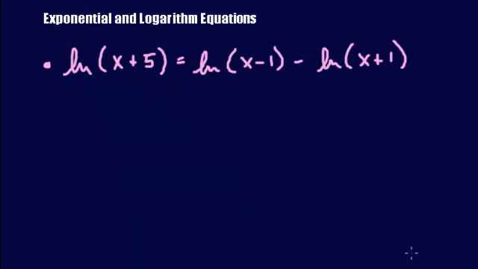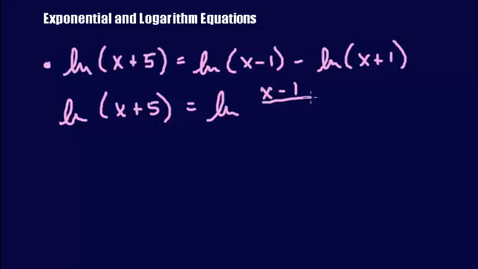Now I chose an extremely messy looking equation. This is a log equation. I'm going to use log properties to combine the right-hand side into one big lump. Remember that expansion and contraction that we did prior to this? This is subtraction, so it's actually division in my log world.